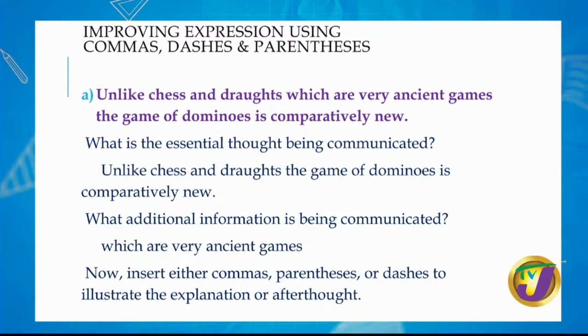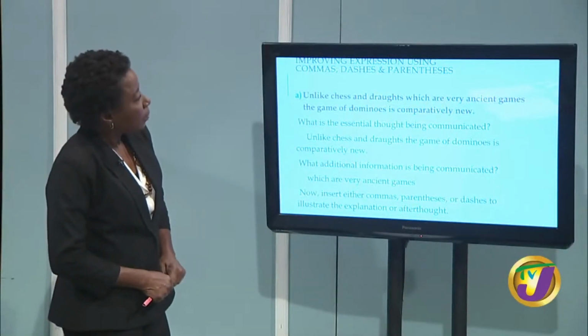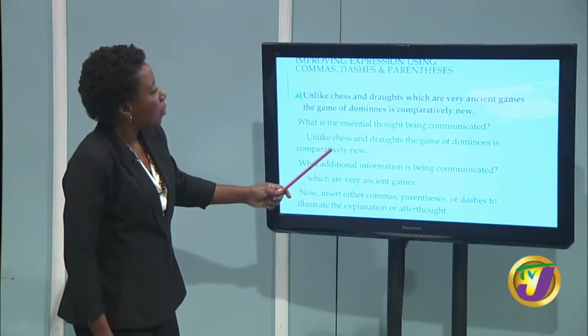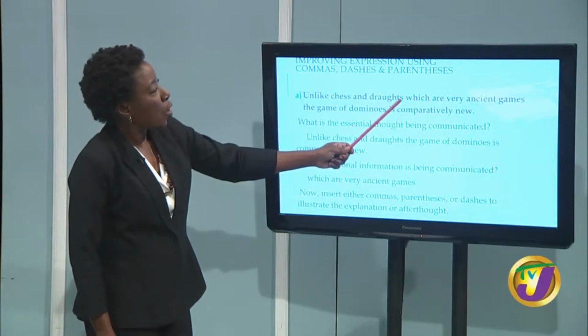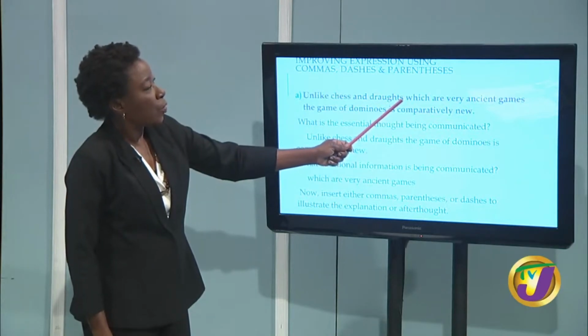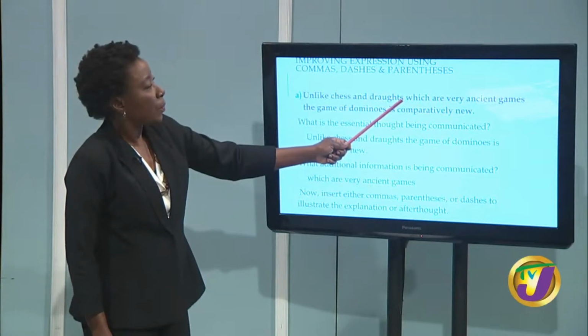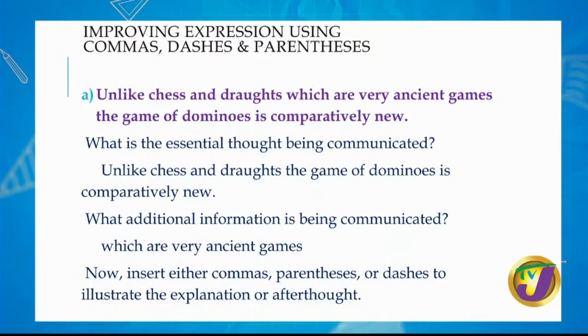So where would you begin to insert the marks? Where would you put the first mark? The first mark would go to draughts. So you'd put your first mark at draughts. And where would you put the second mark?